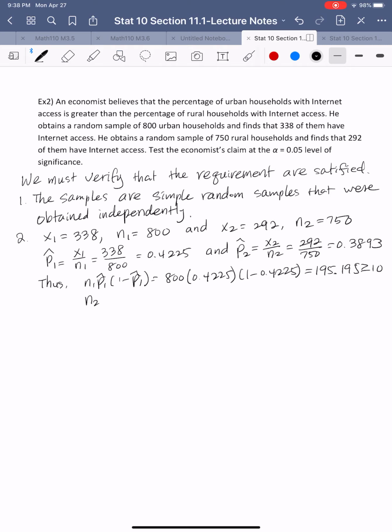Also, n sub 2 times p sub 2 hat times 1 minus p sub 2 hat, which is 750 times 0.3893 times 1 minus 0.3893, becomes 178.309, still greater than 10 too. So that checks.